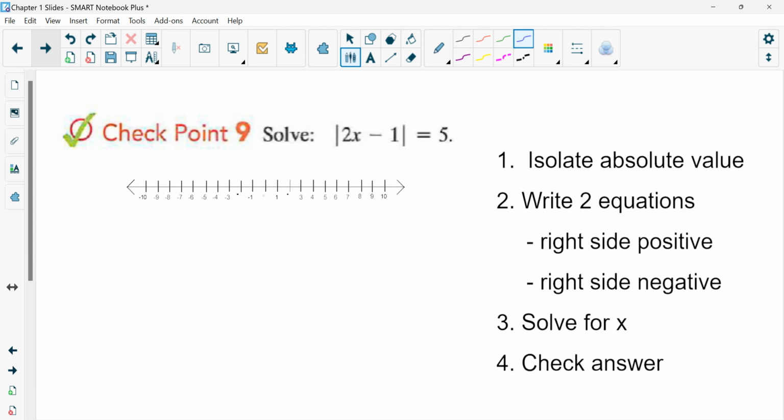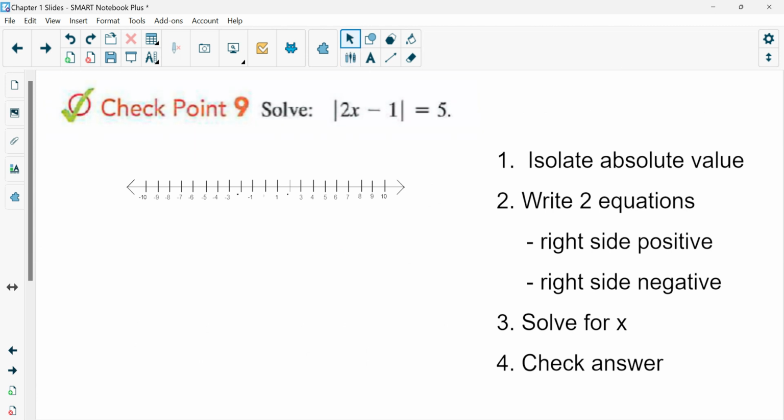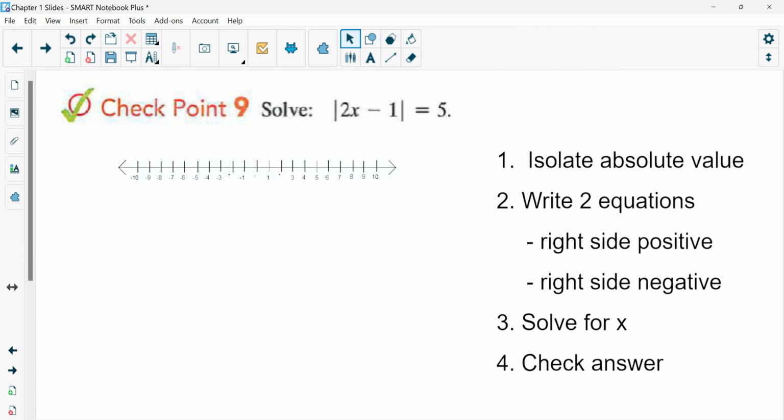So our first example here, and then our steps as well. Our equation is the absolute value of 2x minus 1 equals 5, and we have our steps over on this side.